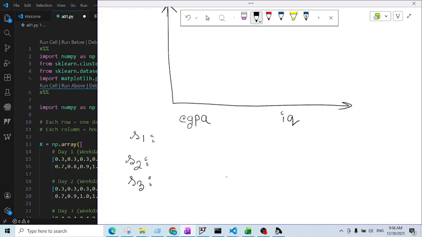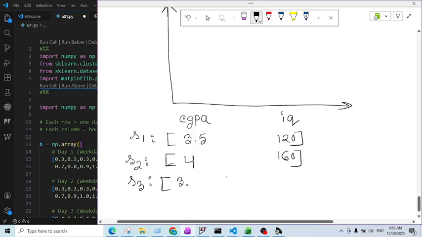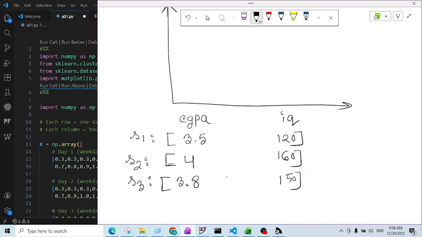For the first student, CGPA is 3.5 and IQ is 120. For student 2, CGPA is 4 and IQ is 160. For student 3, CGPA is 3.8 and IQ is 150.